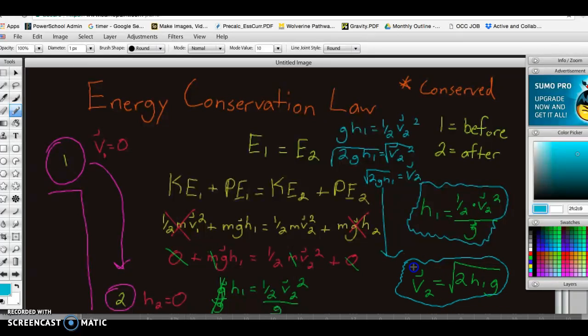Now, this is probably the most important one because this is the one we can use to find the kinetic energy and see if the potential energy was the exact same as the kinetic energy when the ball fell down. Okay? Now, if none of this made any sense, just make sure you have this written down in your journal and we can talk more about it tomorrow. Okay? But this is the energy law of conservation. Thank you.